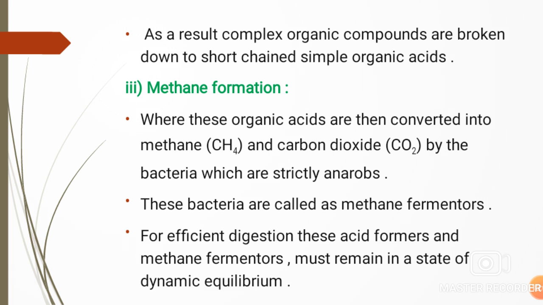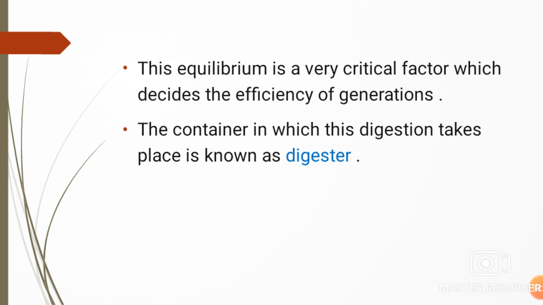So the dynamic equilibrium between acid formers and methane fermenters plays a very important role in the biogas plant. This equilibrium is a very critical factor which decides the efficiency of generation.